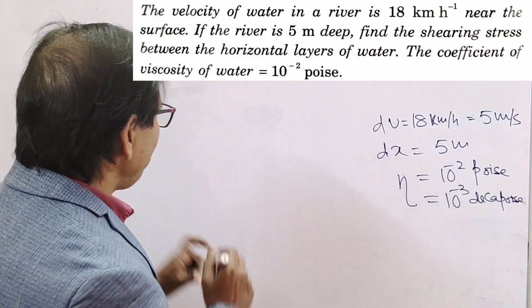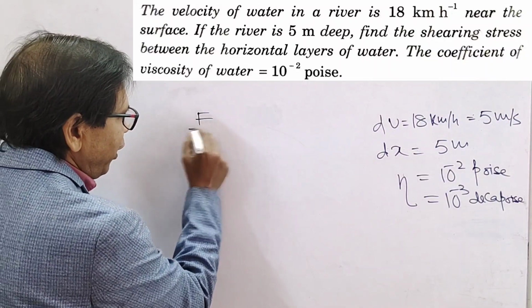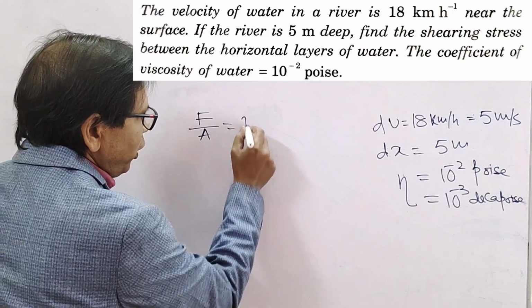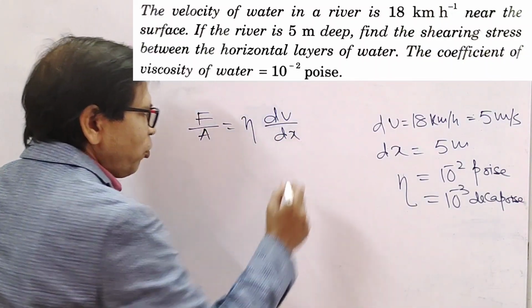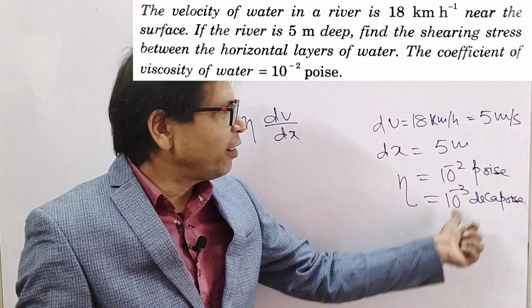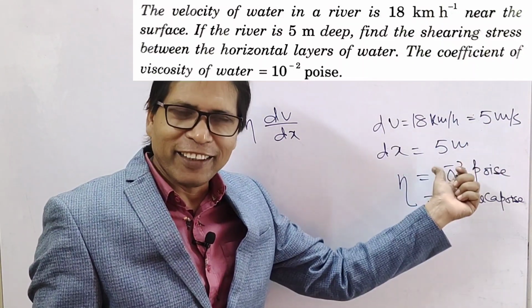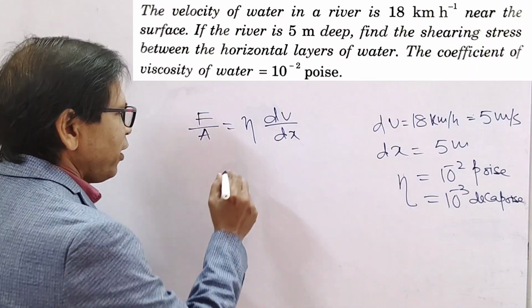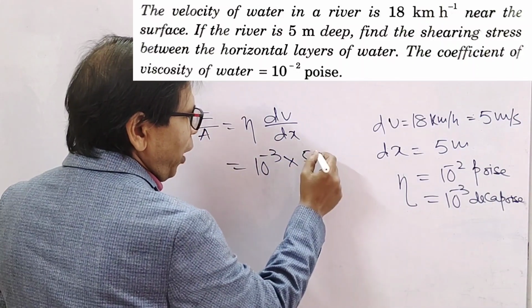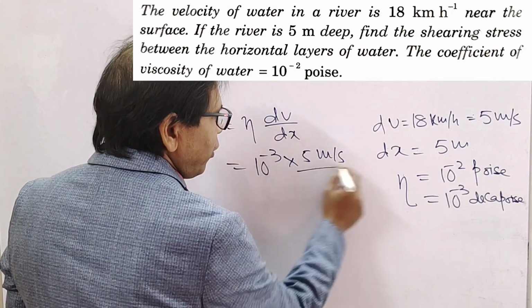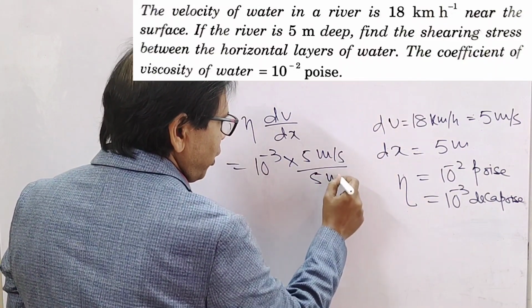Now tangential force per area, F by A, equals eta into dV by dx. Now this is eta, this is dV and this is dx. So look at this. This is 10 to the power minus 3, this is 5 meter per second, this is 5 meter.